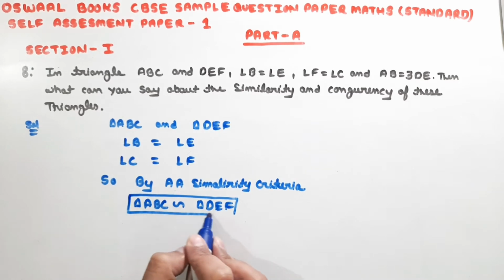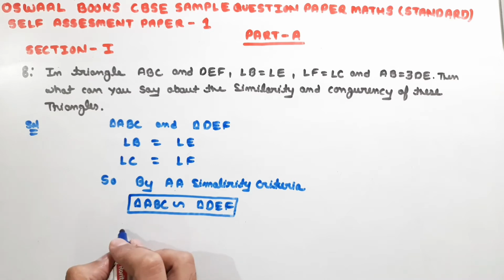For two triangles to be congruent, the corresponding sides must be equal.